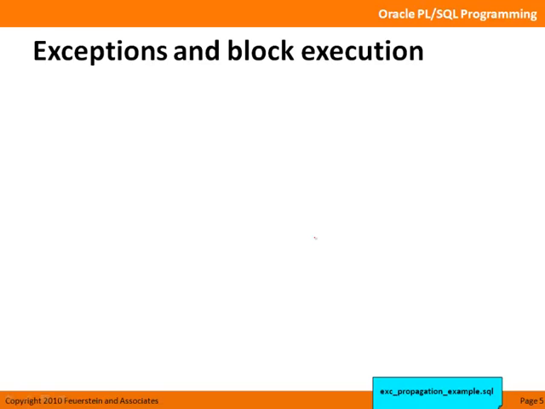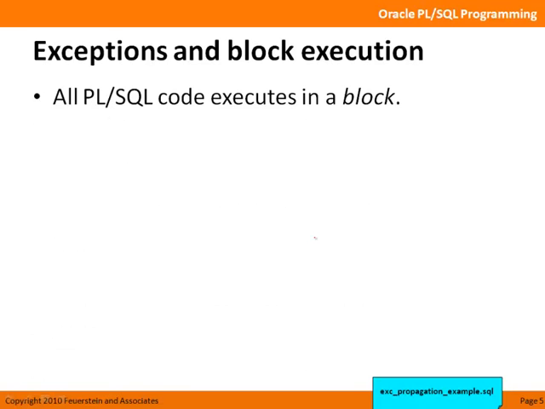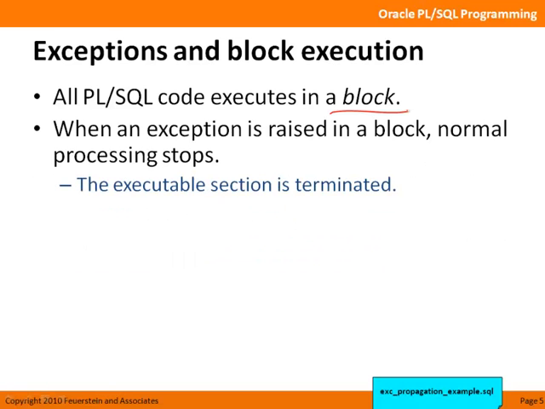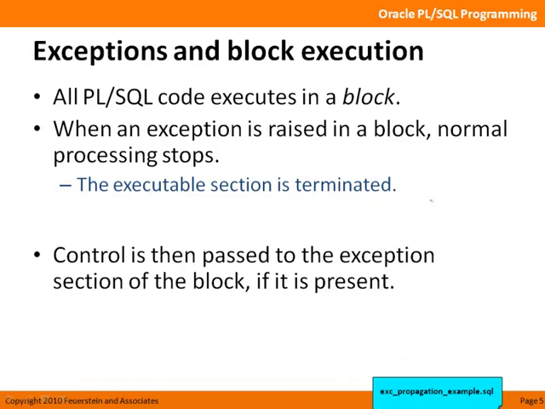Okay, let's talk about exceptions and block execution. So all PL/SQL code that you'll ever write executes inside a block. And when an exception is raised inside a block, normal processing stops, and in particular, the executable section, assuming it started, is immediately terminated. So whatever code was being run stops. The exception is raised in my session.